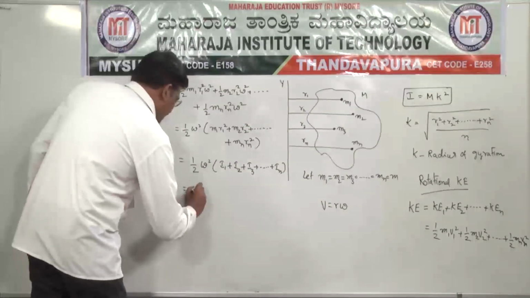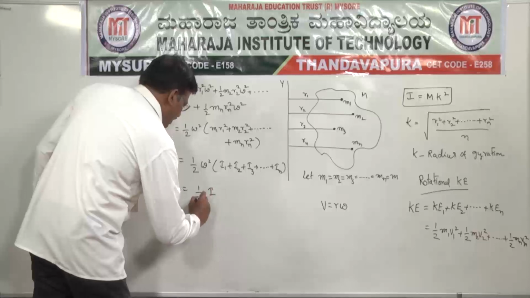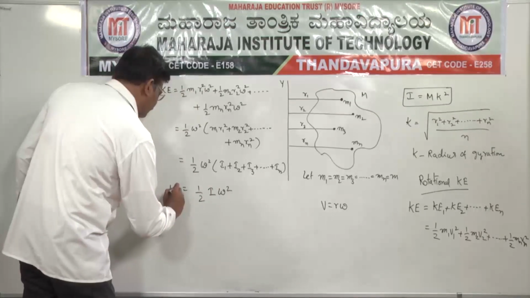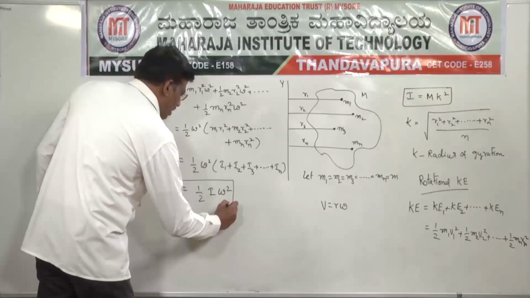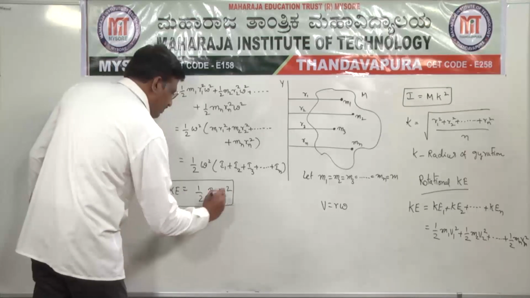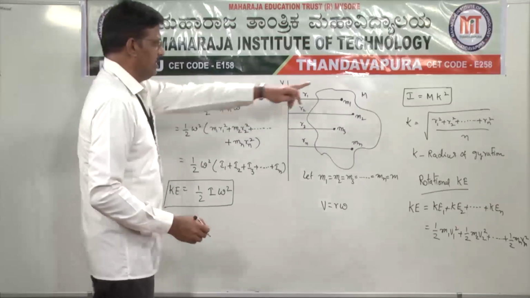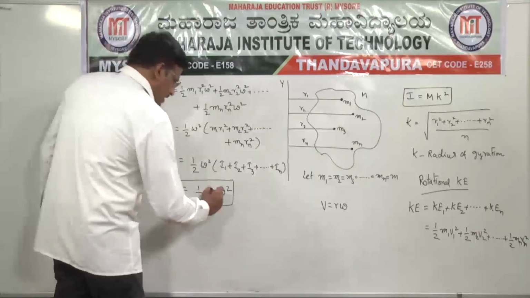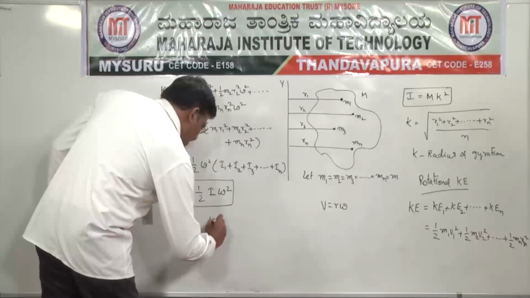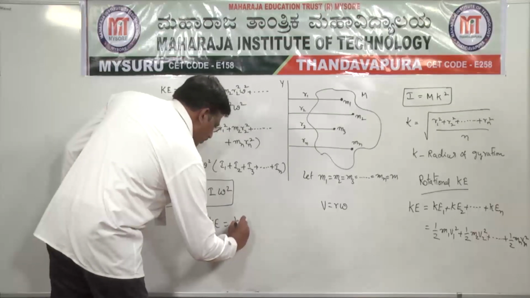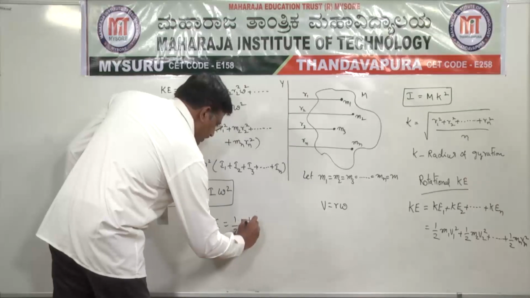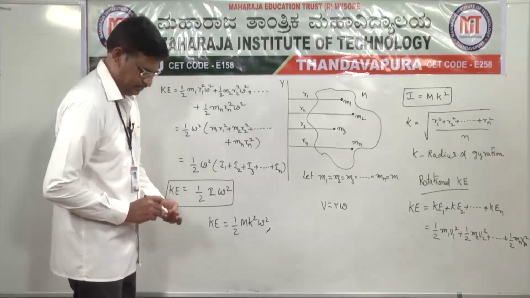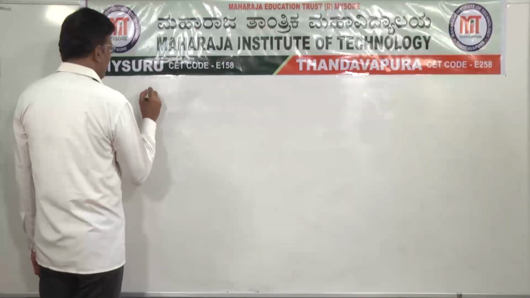So we can write it as half into I into omega square, where I is the moment of inertia of the rigid body. So this is the moment of inertia M k square, and the kinetic energy can also be written as KE is equal to half M k square into omega square. Theorems on moment of inertia.